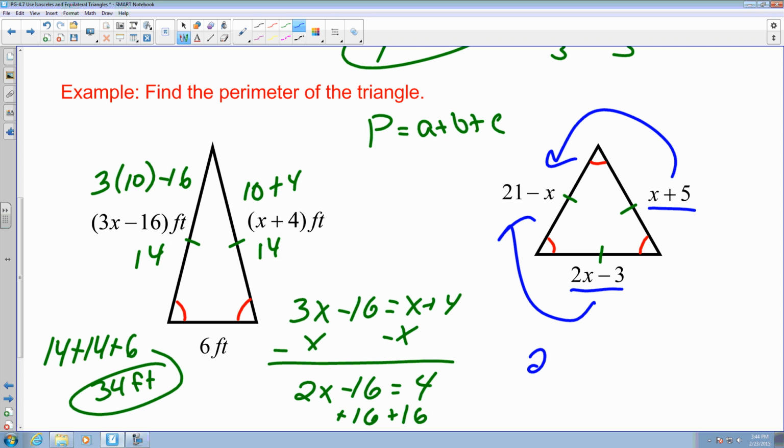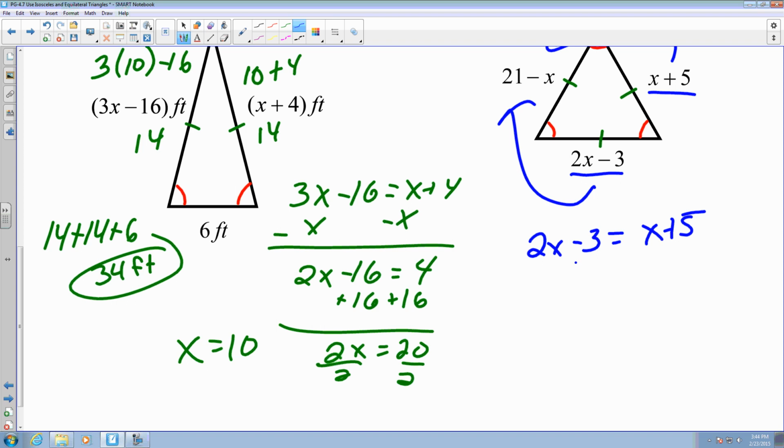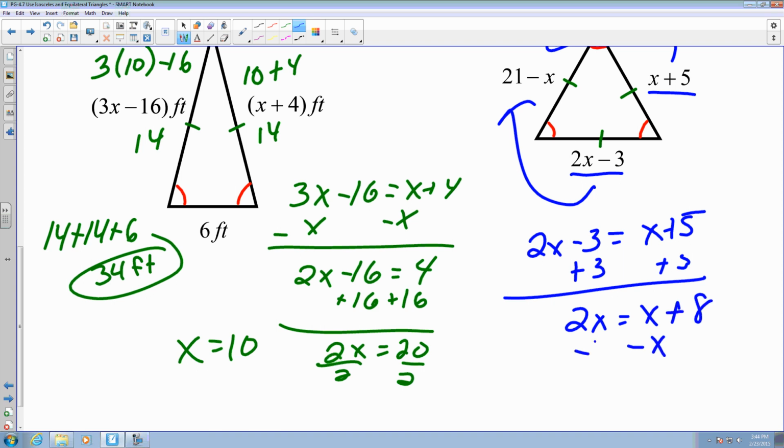So I'm just going to take the 2x minus 3 and set it equal to the x plus 5. So from here, I can add 3 to both sides, which gives me 2x equals x plus 8. Subtract x from both sides, I get x equals 8.